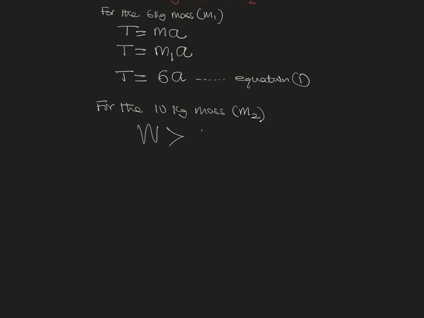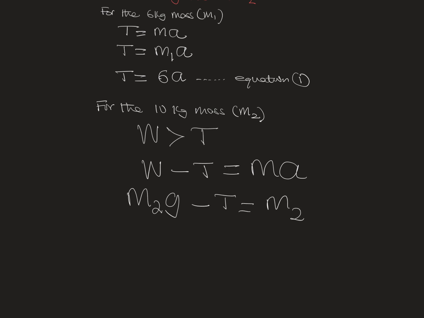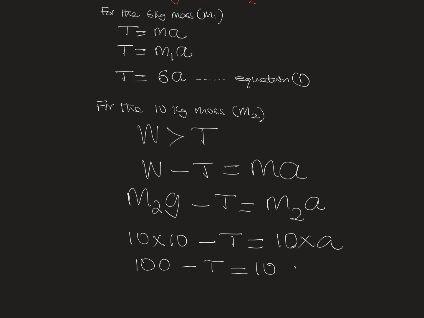So the net force, which is the difference, will be equal to mass times acceleration. We know that weight is equal to mass times gravity, so that will be M2G minus the tension equals M2A. The mass is 10, gravity is going to be 10 unless stated otherwise, minus the tension equals 10 times A. So 10 times 10 is 100, minus tension equals 10A. I can call this equation 2.